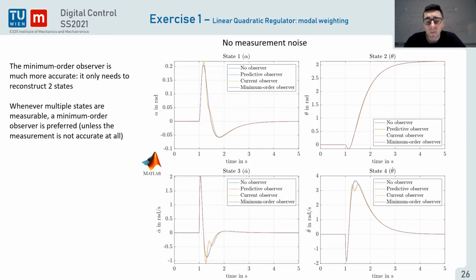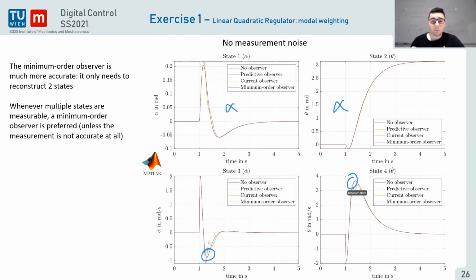Last time we already saw the predictive and current observer. We saw that because of nonlinearity, we have this kind of mismatch between the linear and nonlinear models. Now you can see that the minimum order observer is perfectly aligned for alpha and for theta because we're directly taking the measured values. And here there is a small gap, you can barely see it.